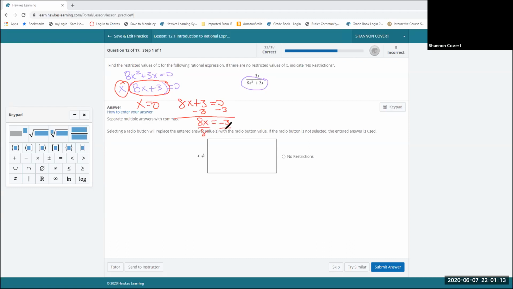Then I'm going to divide both sides by 8. In that case, x is negative 3 over 8. So my two solutions are 0, negative 3 over 8. I'm going to type those in. I'm going to clear this first, I believe. That'll make it easier for you to see.